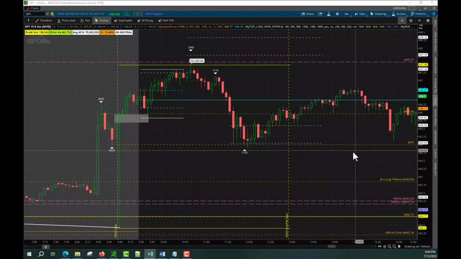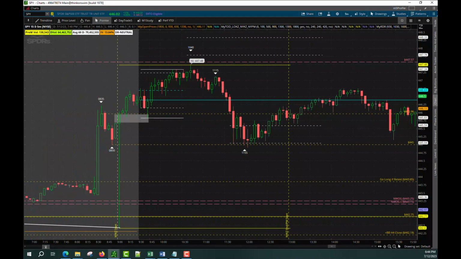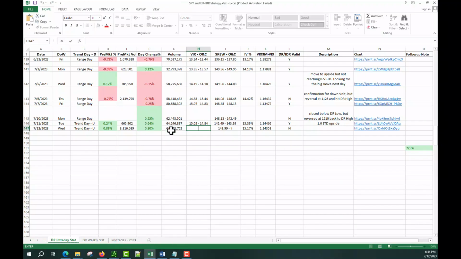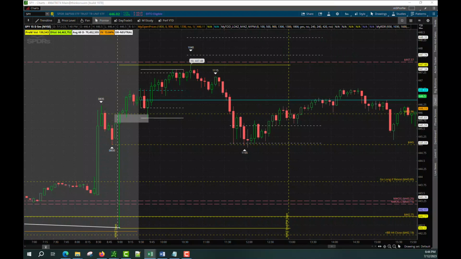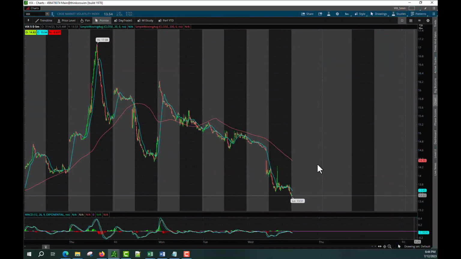So we say that today is an uptrend. Basically, we keep track of some of the trading data stats for today. So let's see what happened to the week.